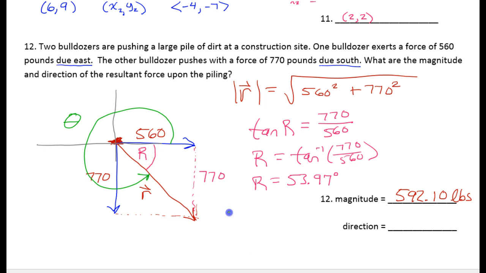So in other words, theta should equal 360 minus R. In other words, 360 minus 53.97. And that's going to give me the direction. So that is 306.03 degrees. Magnitude and direction.